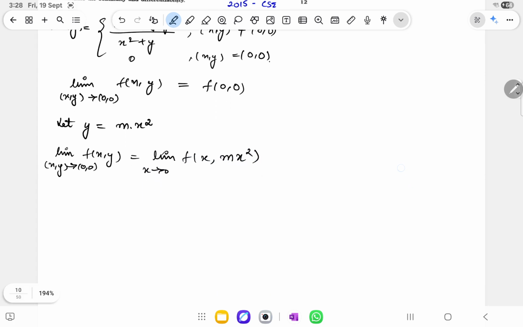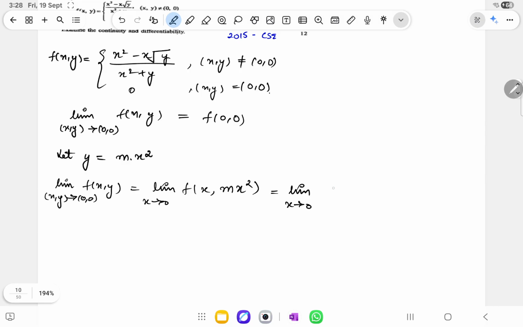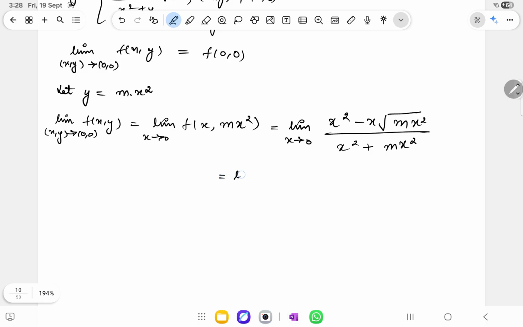So this limit will be equal to the limit as x approaches 0 of f(x, mx square), which will be x square minus x under root mx square divided by x square plus y, that is mx square. This equals the limit as x approaches 0 of x square minus x square under root m divided by x square plus mx square.